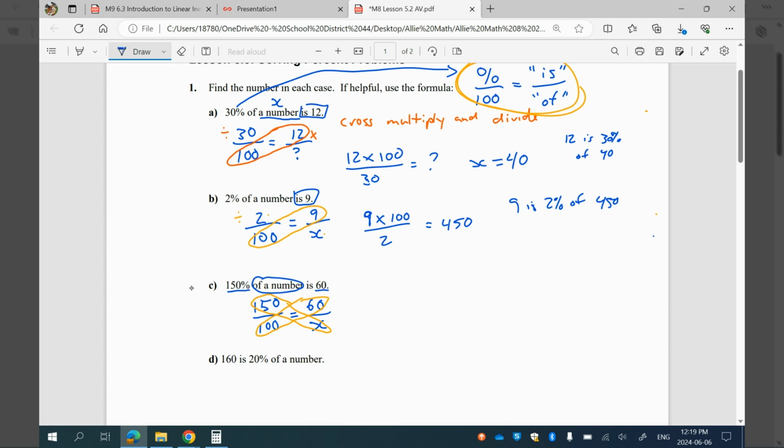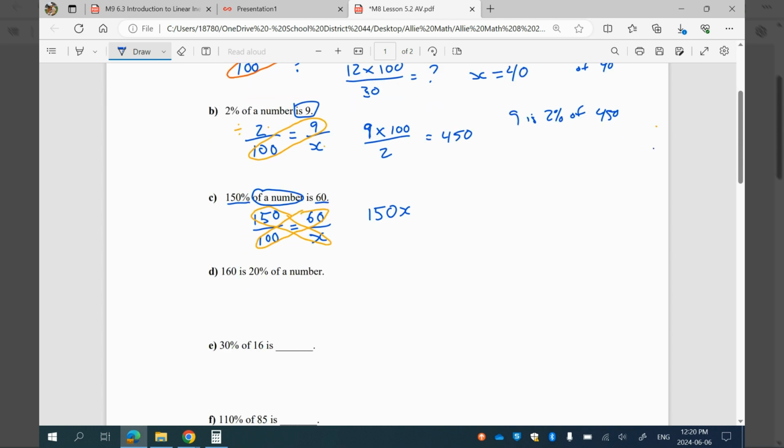So if I show all of our steps, we have 150 times x, which we can show as 150x, equals 60 times 100, which is 6,000. So I did that first part where I multiplied 60 by 100.